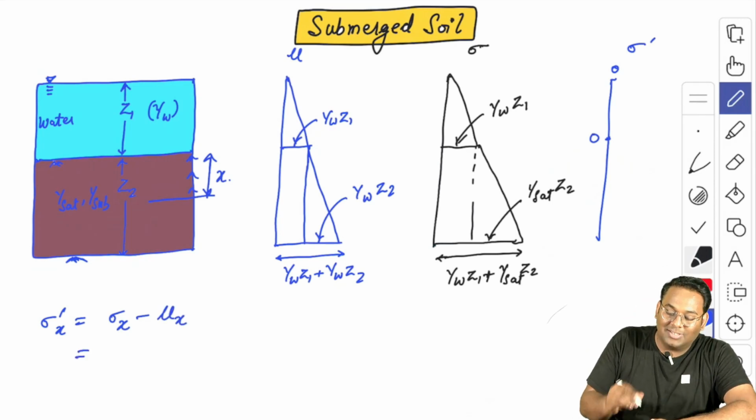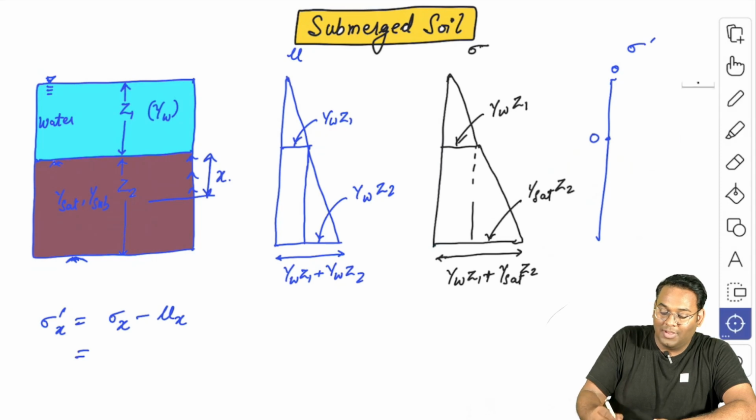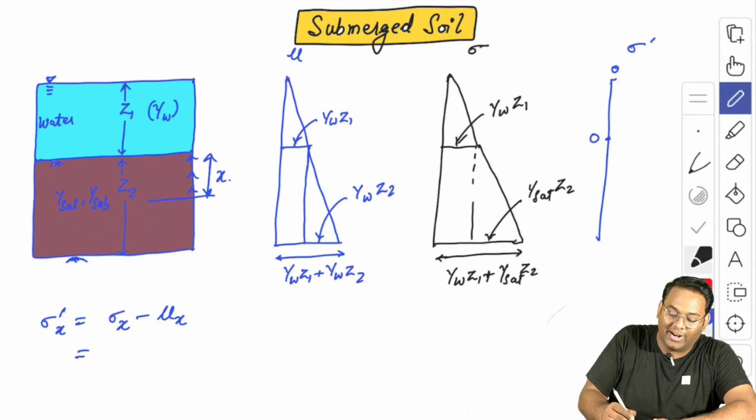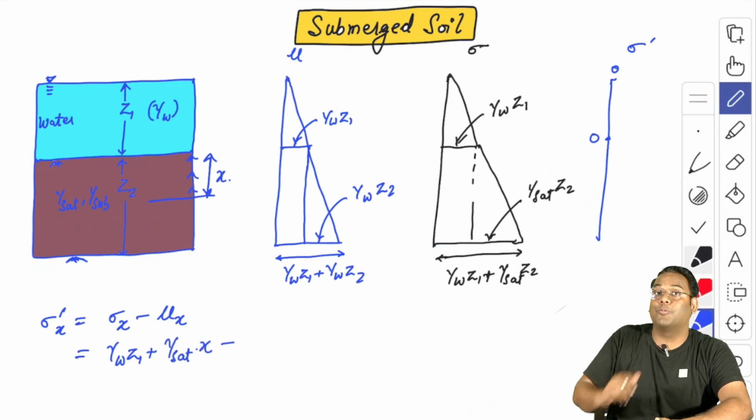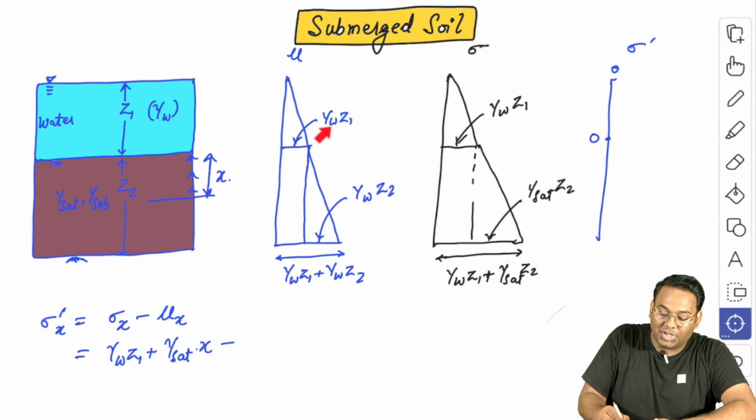The total stress at this depth is gamma W into Z1 plus gamma saturated into x. And the pore water pressure is gamma W into Z1 plus gamma W into x.